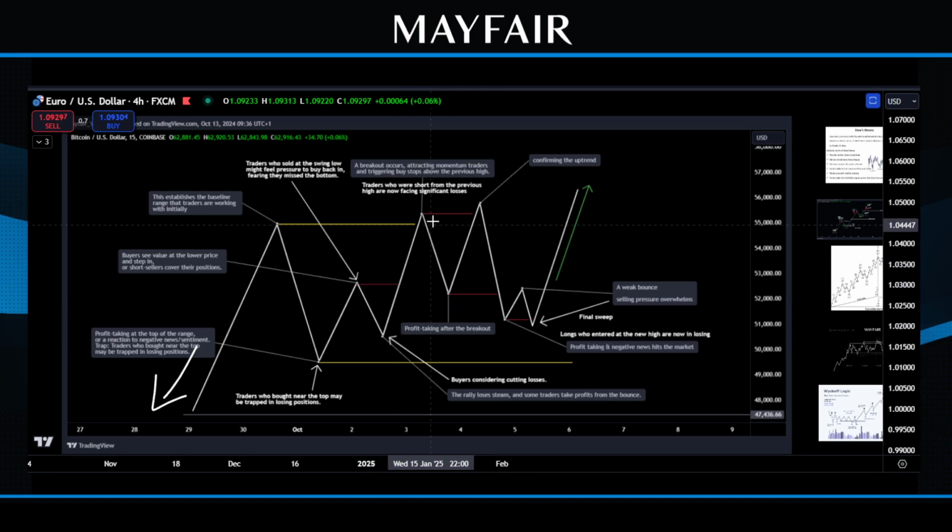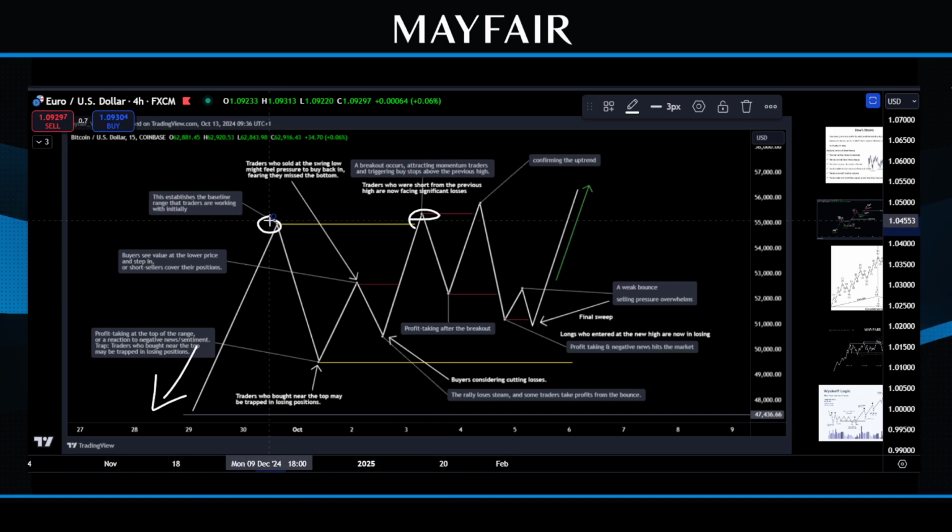Now, all of a sudden, we rally up and we make a new high, but we fail to sustain the high. So at this particular point, we've got buyers buying the breakout, which is obviously attracting more momentum. It's also triggering stop losses of people who sold up here. Then we come back down, and everybody at this stage is pretty much confused.